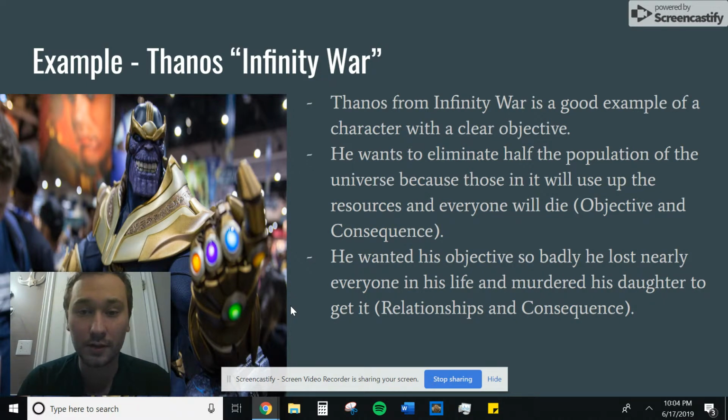So his objective is to eliminate half the population, and the consequence, if he doesn't do it, is that everyone will die because they will use up the resources. He wanted his objective so badly, he lost everyone in his life and murdered his own daughter to get it. So that affected his relationships, and there were more consequences. This specific situation had bad consequences on both sides.